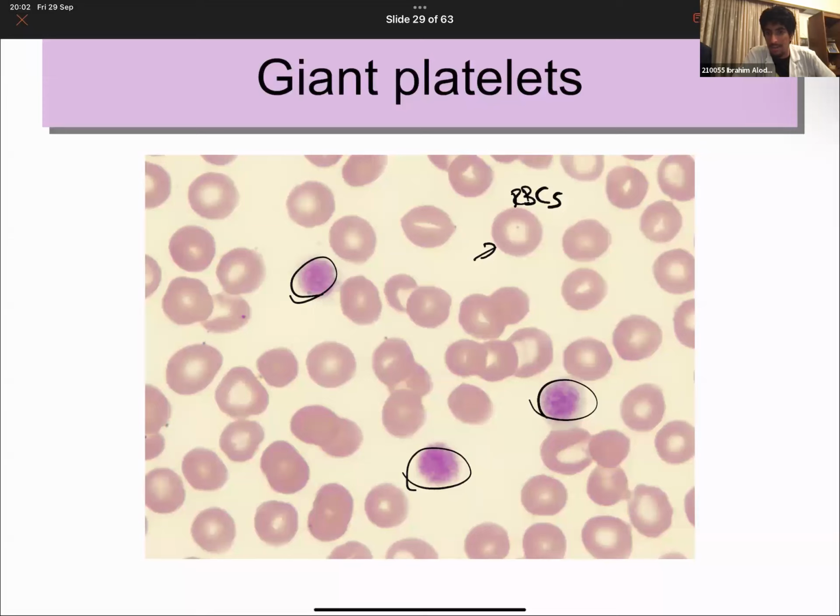This is the Bernard-Soulier one. Bernard-Soulier is a deficiency in GP1B, which is needed for platelet adhesion. We get pictures like these, just the lymphocytes, stuff like that.